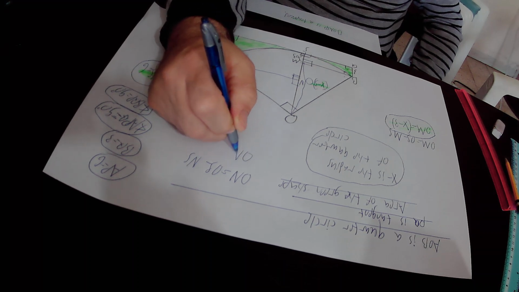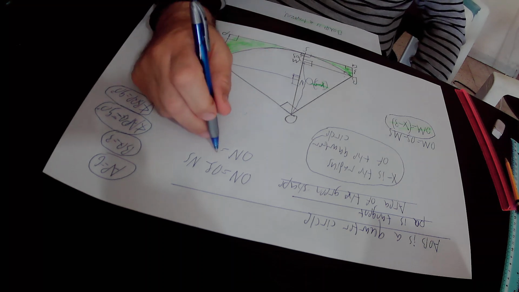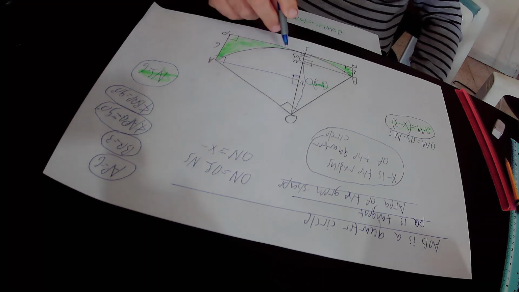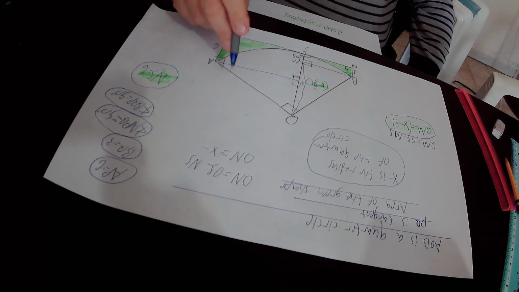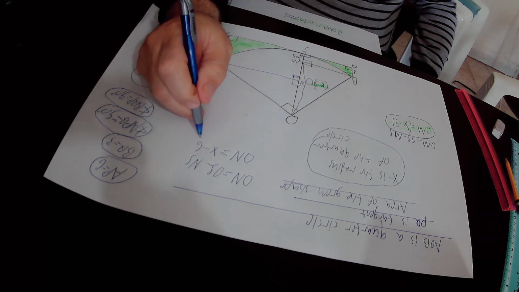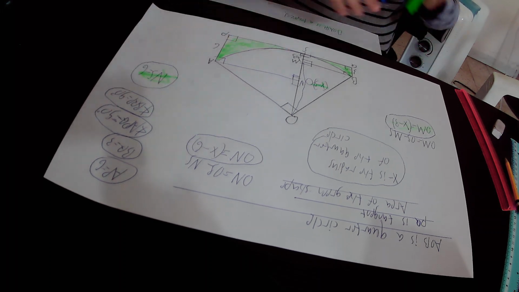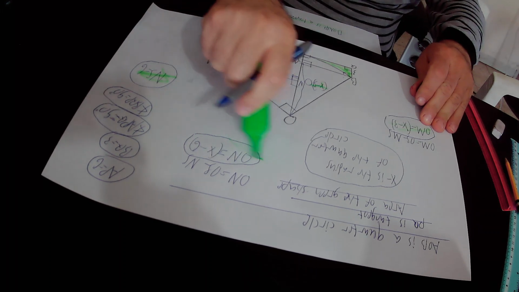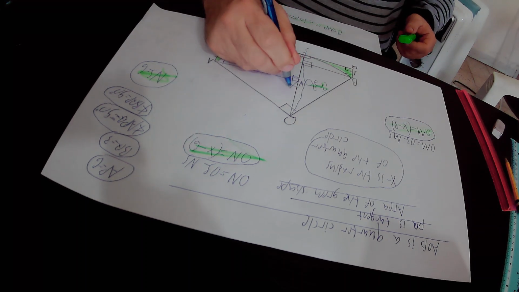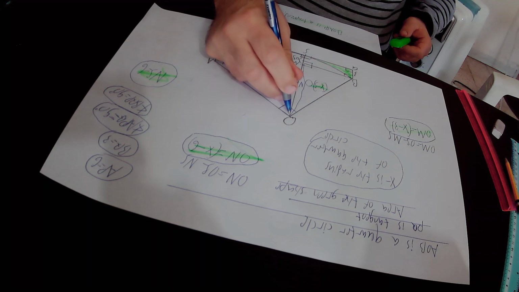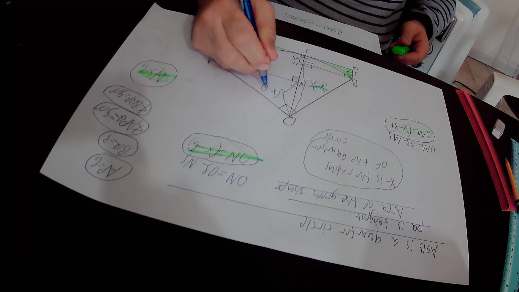So ON equals OS, that is the radius of the quarter circle, that is X, minus NS. We already found out that NS equals 6. So in conclusion, ON equals X minus 6 units in length. So this line segment ON is equal to x minus 6 units in length.